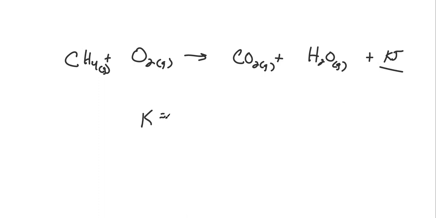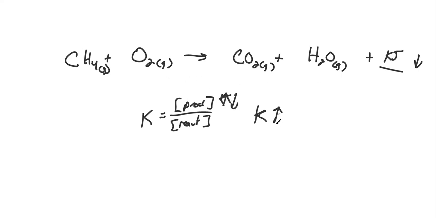So if our K equals our products over our reactants, if we increase the products, our K is going to go up. Our equilibrium constant will go up. Vice versa, if we decrease the products, then our K will go down because energy is a product.